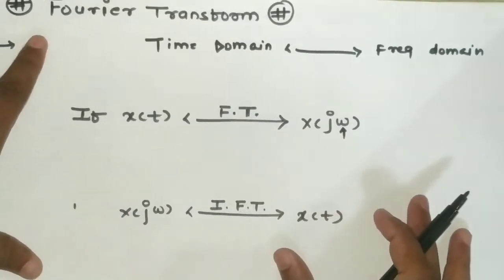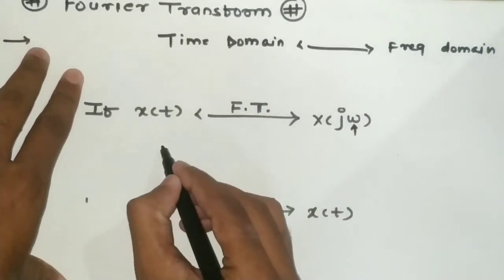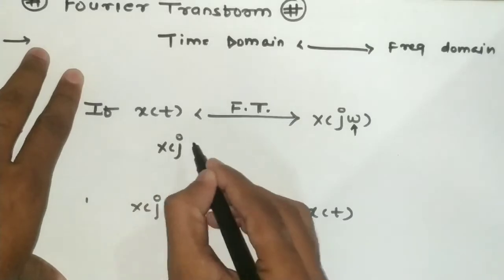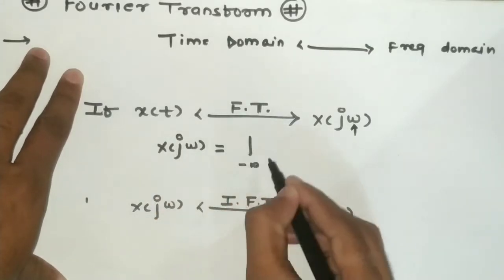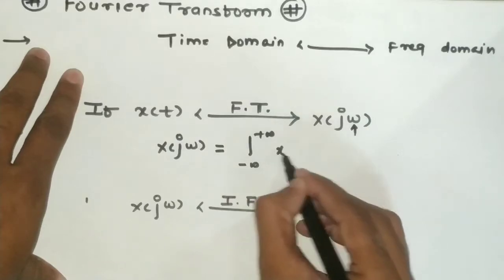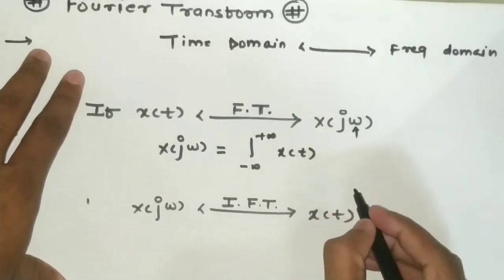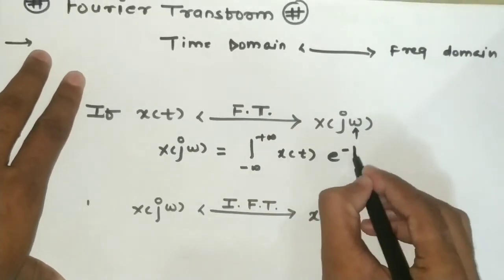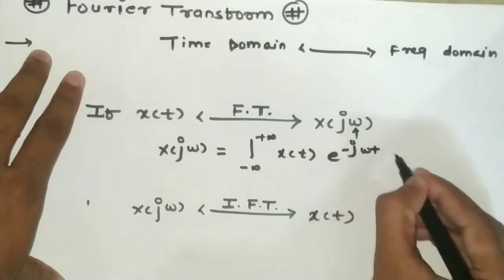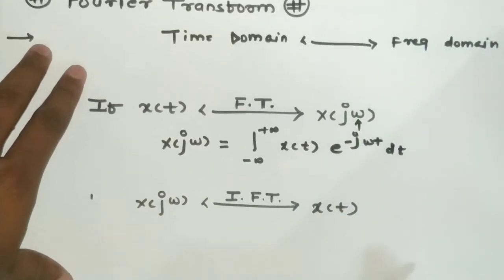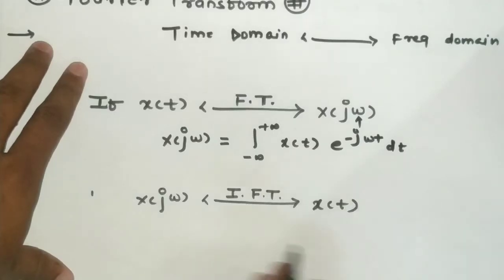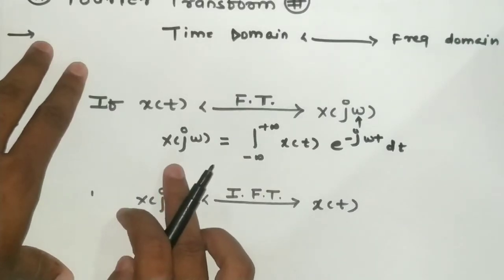Mathematically, the Fourier transform of x of t is the integration of the input term x of t into its exponential term e raised to minus j omega t into dt. This is the mathematical expression for the Fourier transform.